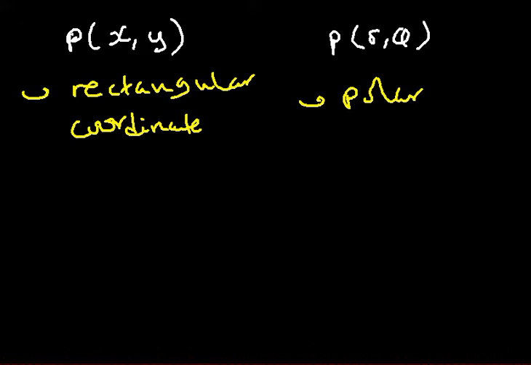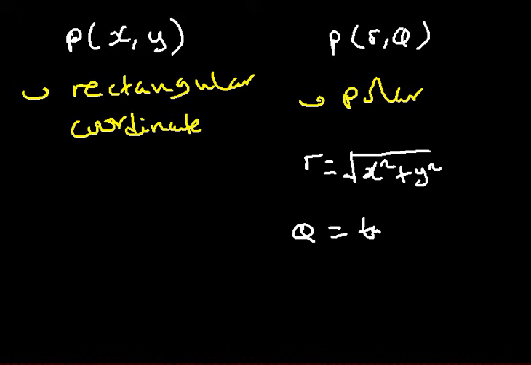Where r is calculated using the Pythagoras theorem, which is x squared plus y squared. And theta, which is the angle, is given as the tan inverse of y over x.